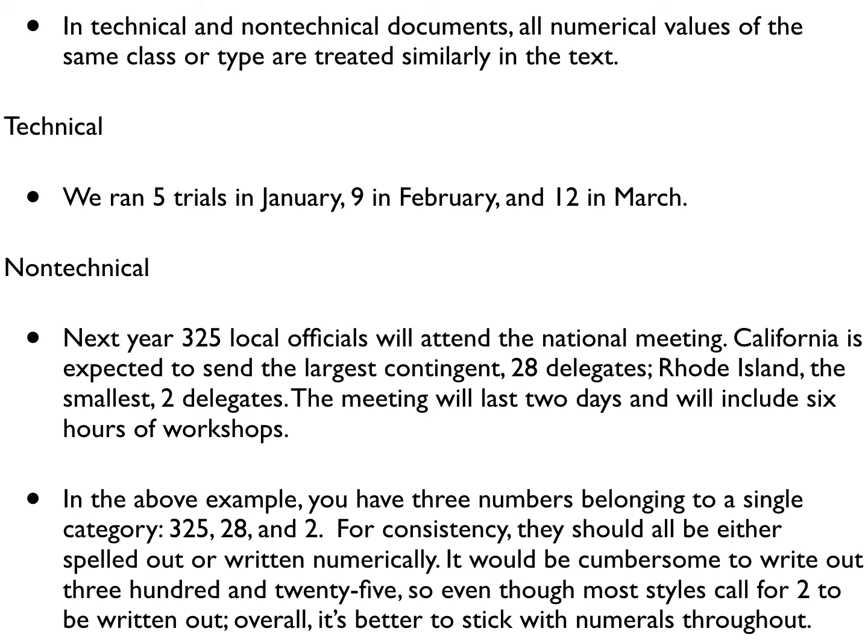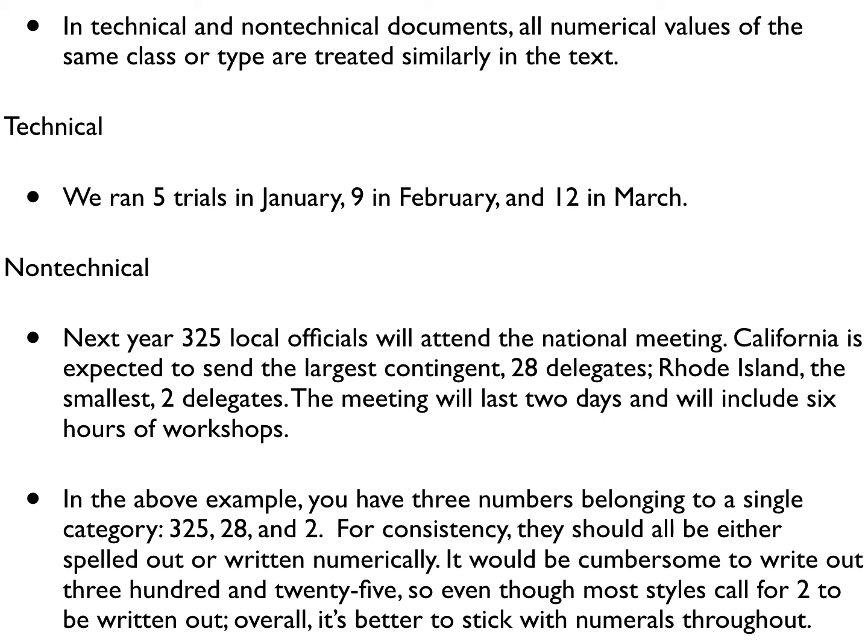We ran 5 trials in January, 9 in February, and 12 in March. Even though 9 and 5 might normally be spelled out, because you're going to use numerals for 12, you have to make a decision. Is it going to be spelled, or is it going to be a numeral? In this case, for a technical document, it makes more sense to keep it as a numeral. In non-technical documents, the same is true.